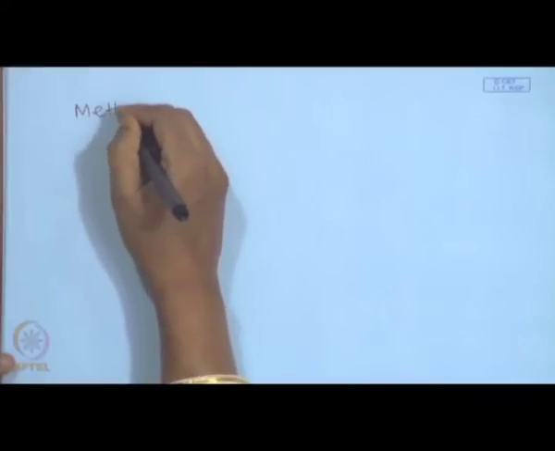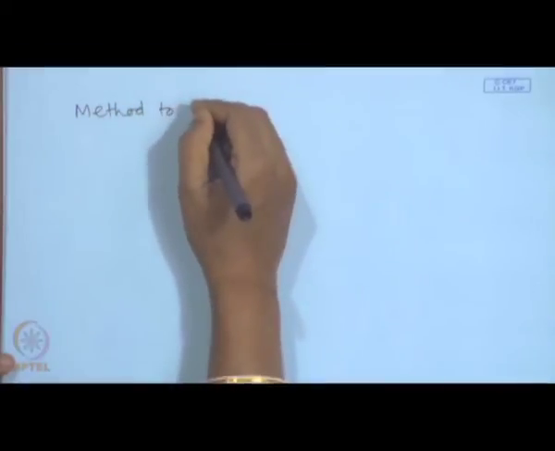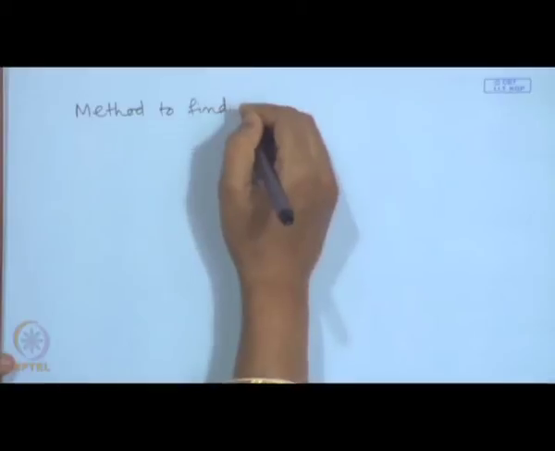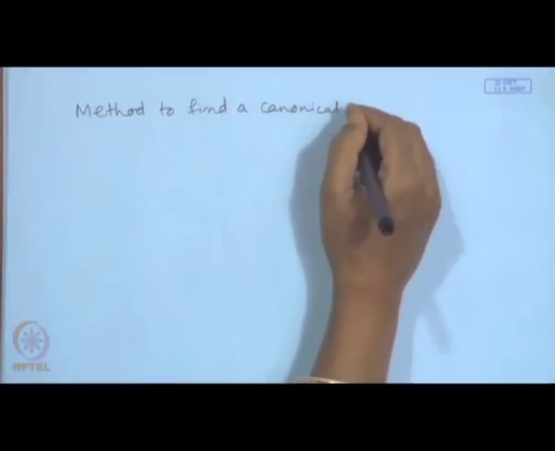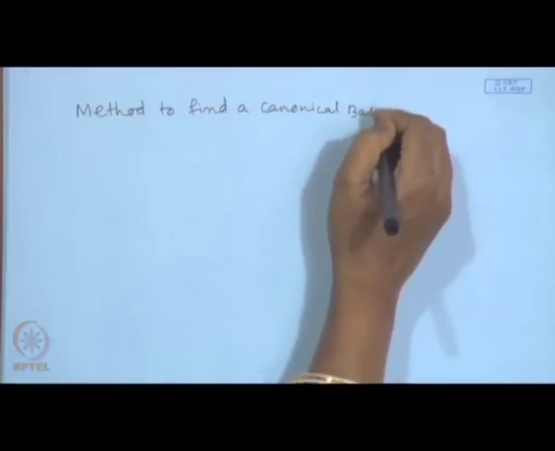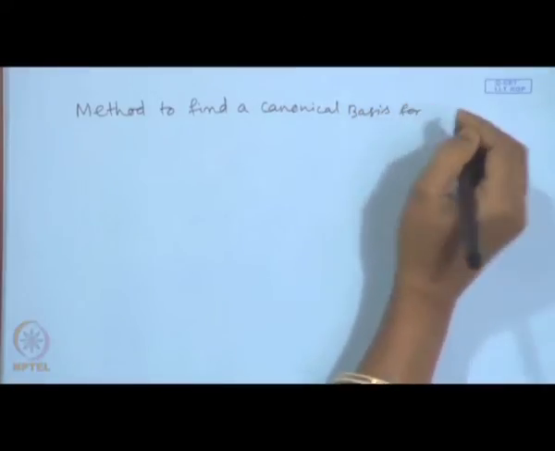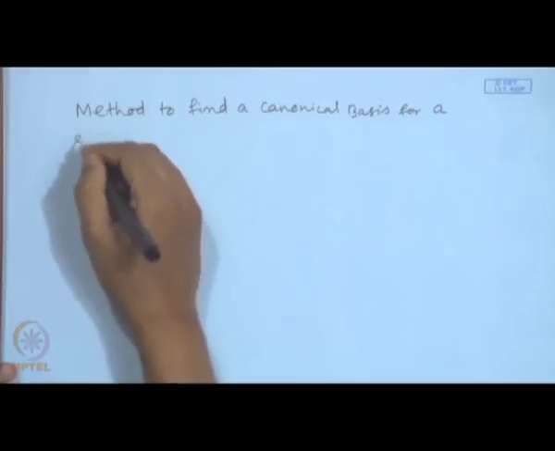So, next let us see how to find a canonical basis for a square matrix, and this is an important method.